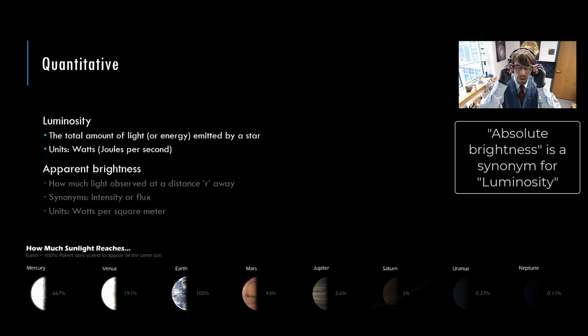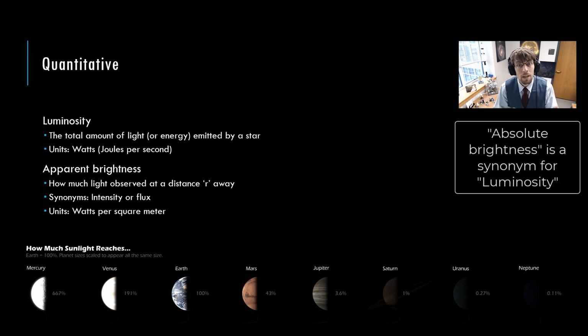So the apparent brightness is how much light you collect when you observe from a distance away. And that depends, of course, on the distance. Synonyms for this would be the intensity or the flux. Okay? And I've given you units. It's called the watts per square meter. Watts are a unit of power. It's the same unit that's used on your light bulbs. It says how much energy per second.